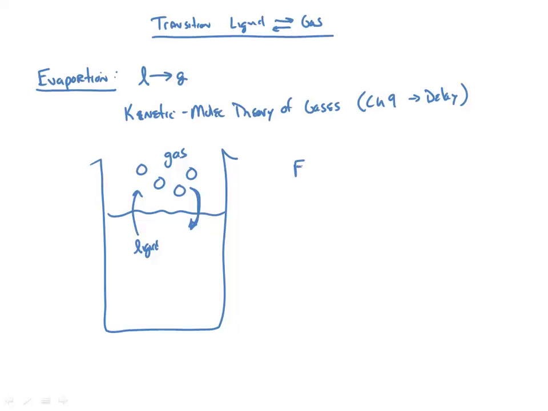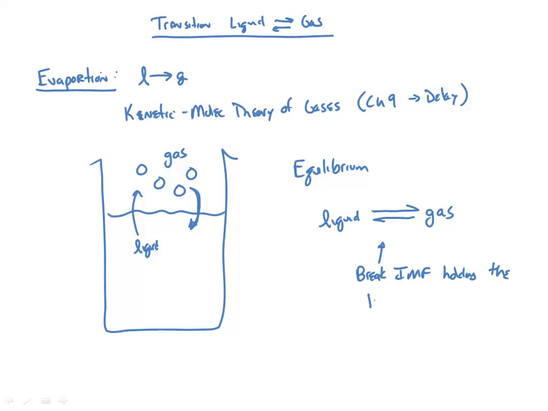And so what I really have is an equilibrium between the liquid and the gas. And what we can recognize is that we have to simply break the intermolecular forces holding the liquid together.